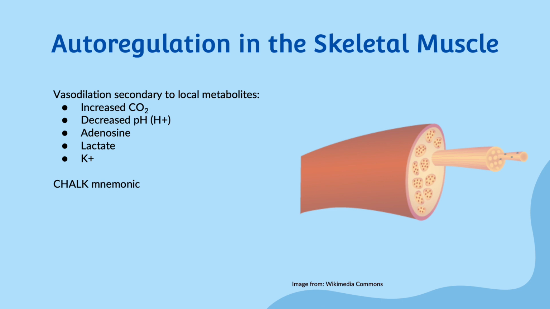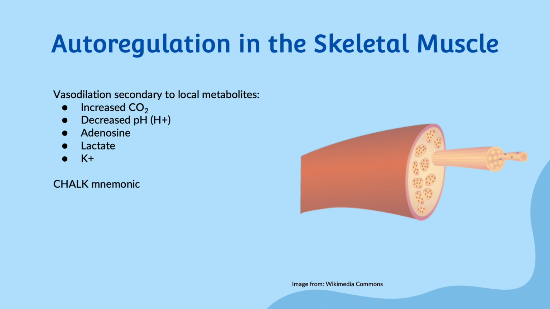It's a reaction to local metabolites that can be remembered using the CHALK mnemonic, where C stands for increased CO2 causing vasodilation, the H standing for H plus or acidosis, so a decrease in pH causing vasodilation, the A standing for adenosine, which is a drug that is sometimes pushed into patients during certain cardiovascular compromised situations.